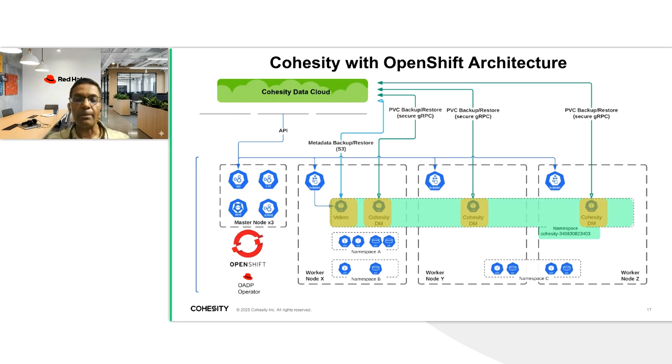We have represented Velero here, but essentially we are using Red Hat's OADP operator to enable us to capture the metadata state of the environment. As you can see in the picture, the metadata itself is backed up or restored through OADP via Velero. And the data in containers and VMs is processed through the Cohesity data mover, which is deployed in a Cohesity namespace across the worker nodes.